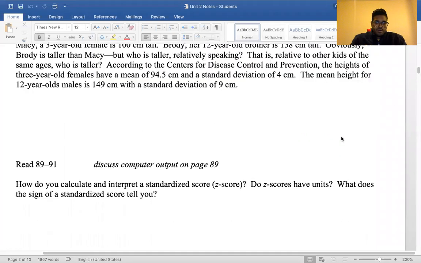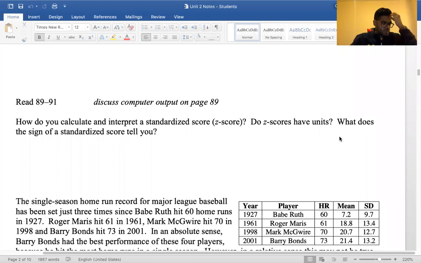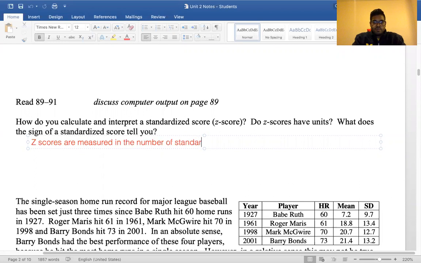So scrolling down. This is kind of what I just said. So z-scores are measured in the number of standard deviations away from the mean.